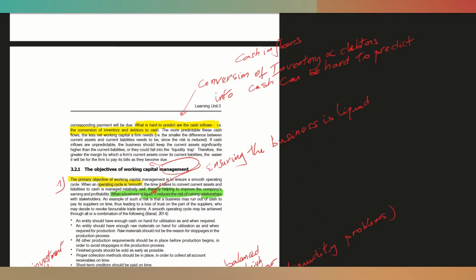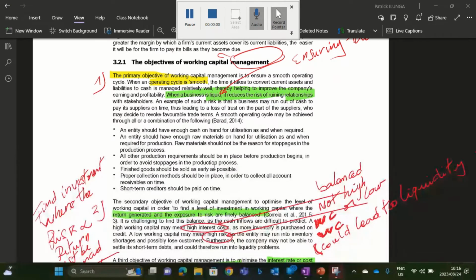So, in essence, you can say the working capital management, especially the management part, is just ensuring that the business is liquid, ensuring that the operating cycle runs smoothly, right? So that is your primary objective in the working capital management, right?